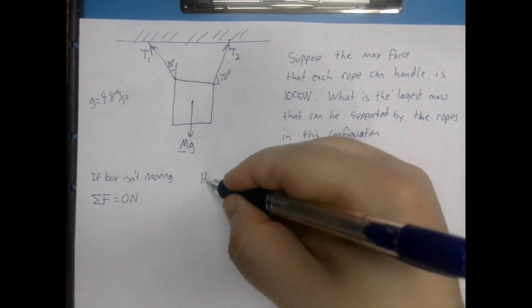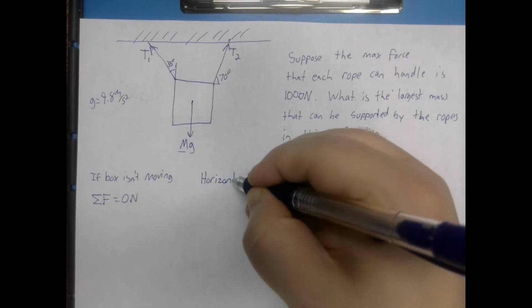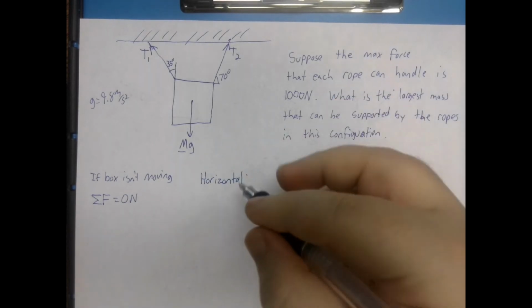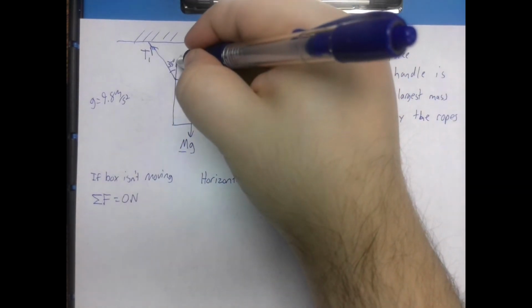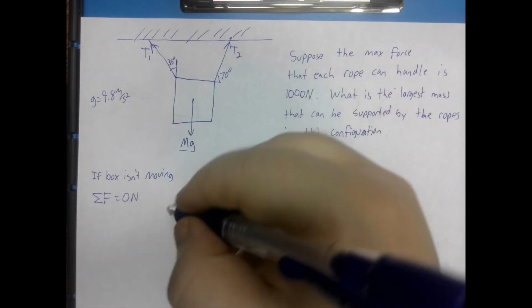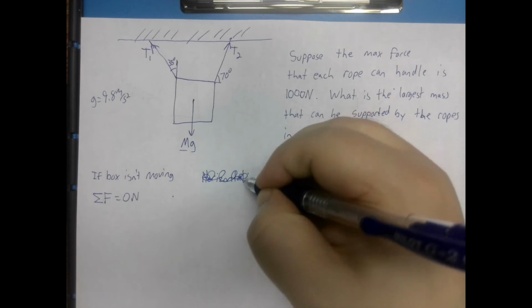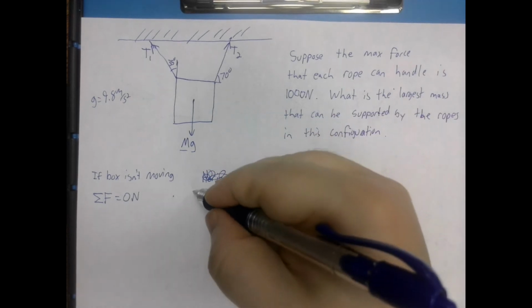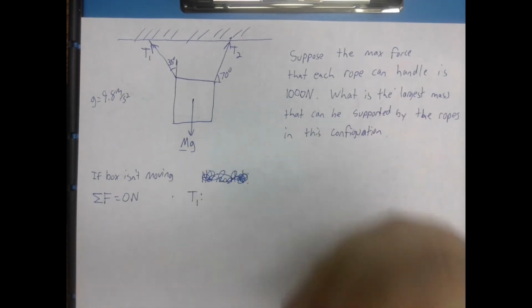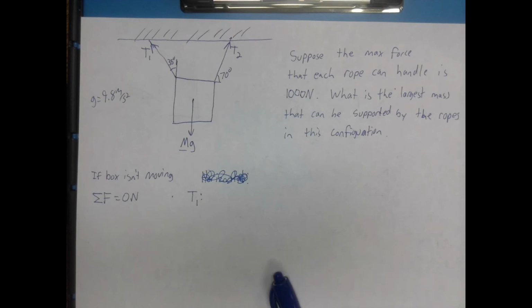So let's look at the horizontal components. For T1, let's just analyze T1 first.